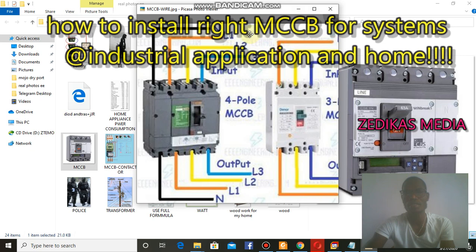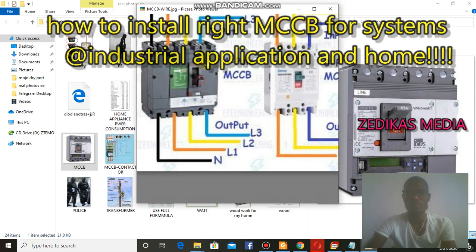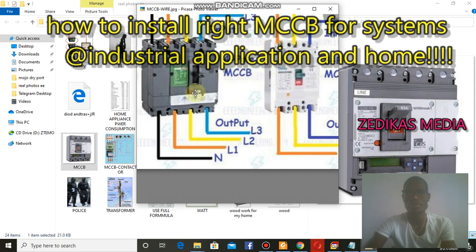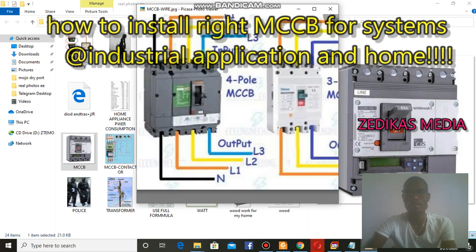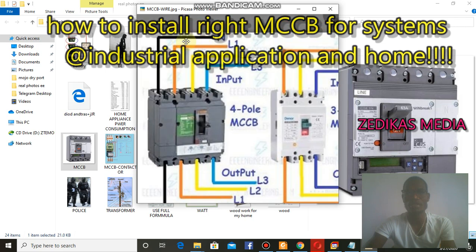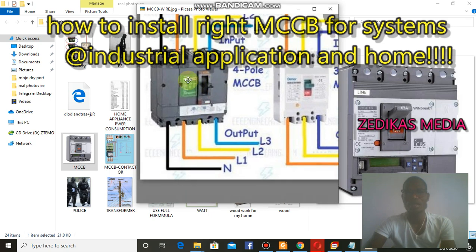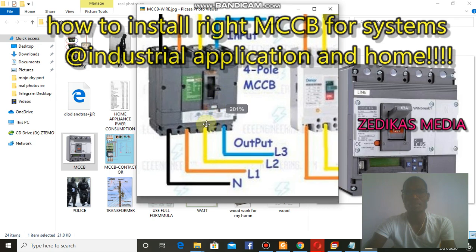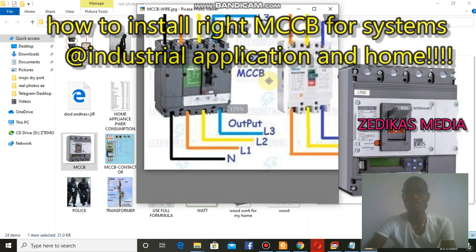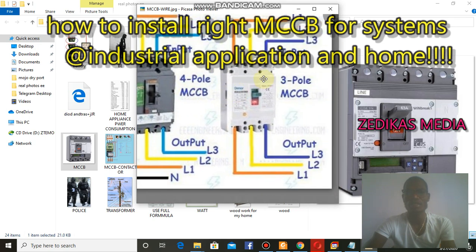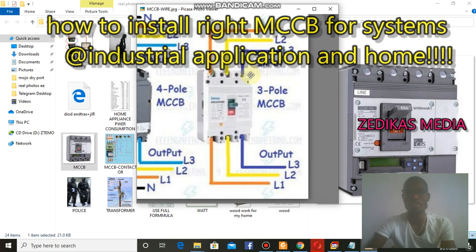From that bus bar, those lines are linked in such a way, and then it is the input power in this 4-pole MCCB. Here are line 1, line 2, line 3, and the neutral, 1, 2, 3, 4. That is why they put in a 4-pole MCCB here, and here are the rating amperes of that system. So this is all about the introduction of the physical components.